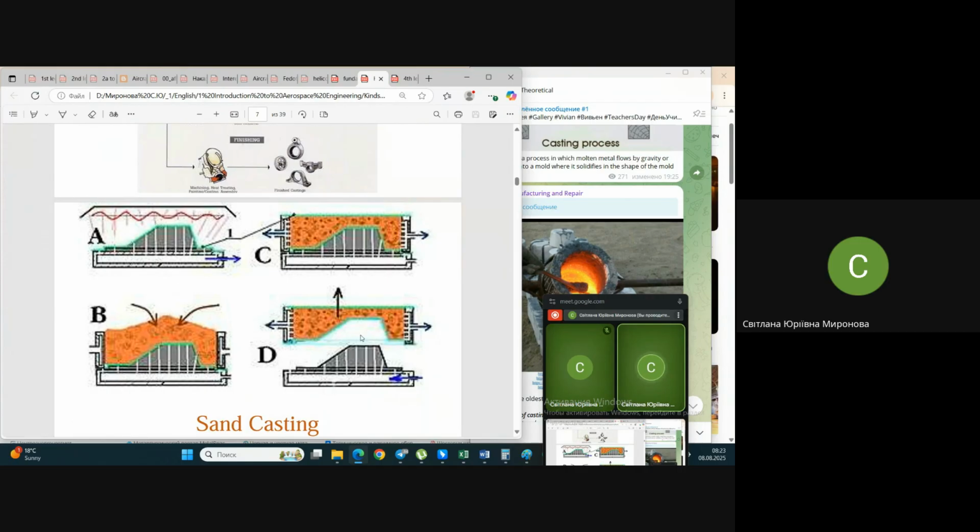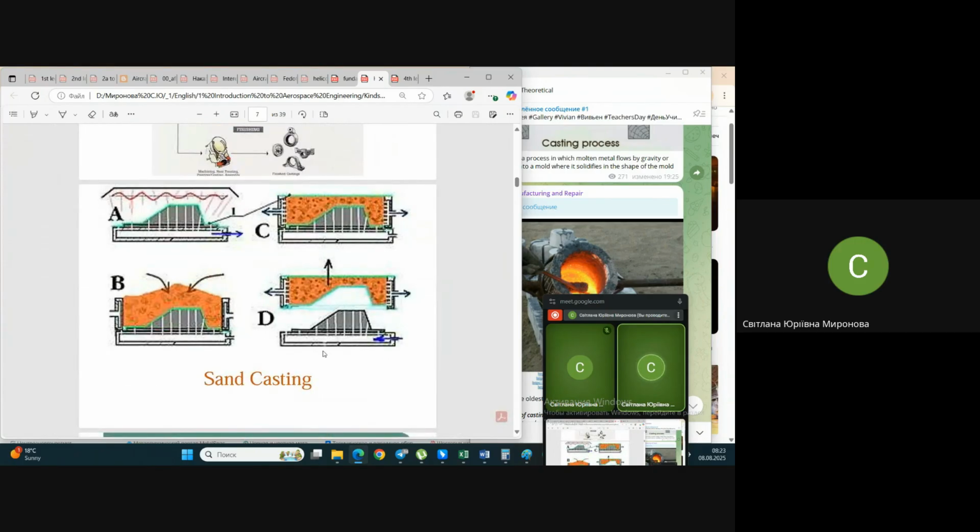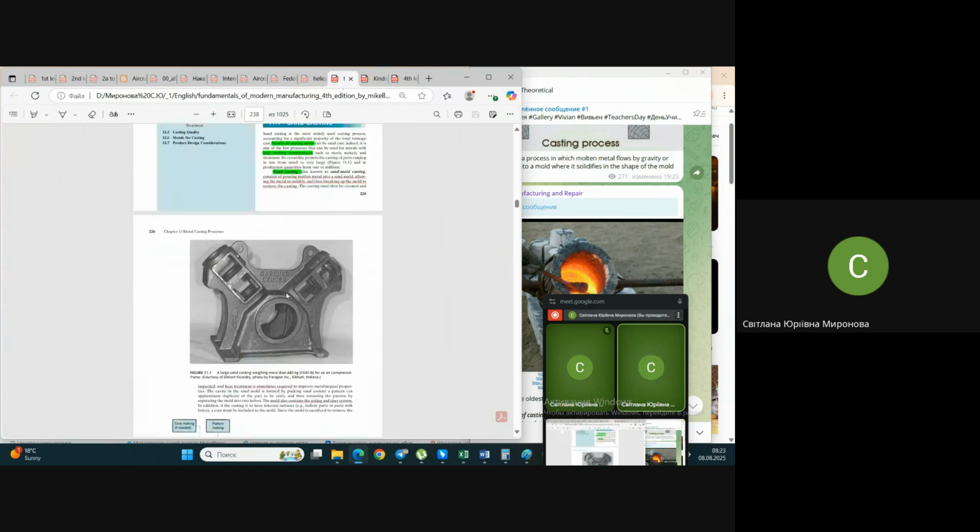It will be with additional elements, those evacuating slots, let's say.